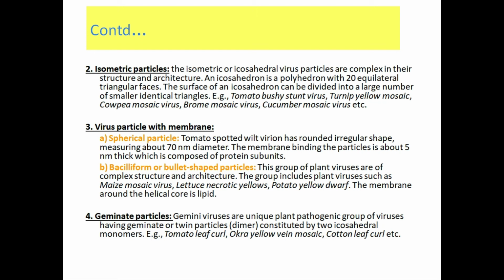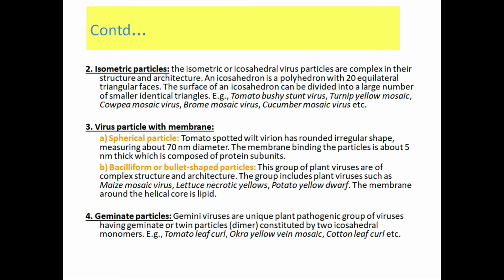Then geminate particles. Geminiviruses are a unique plant pathogenic group of viruses having twin particles. So these are basically icosahedral, and when two icosahedrons are joined together we call them Geminivirus or geminate particles, like tomato leaf curl, okra yellow vein mosaic, cotton leaf curl.